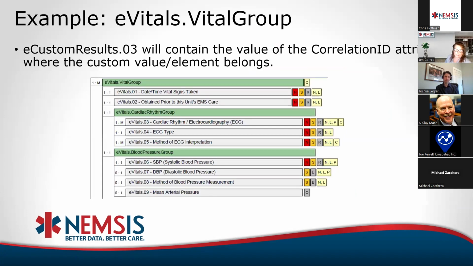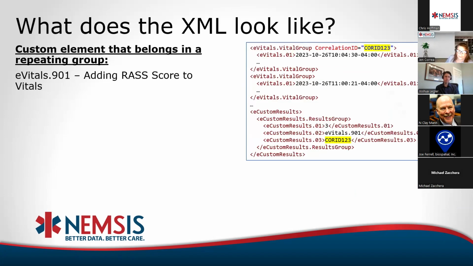All right. So it can happen again in the e-vitals vital group. You can see here that this has a lot of different places where a correlation ID could show up. We use the RAS score, which is our newest national custom element that was created and added to our national custom element library.